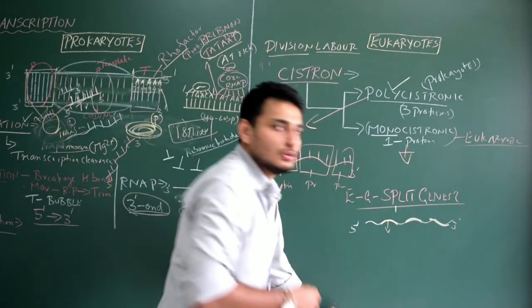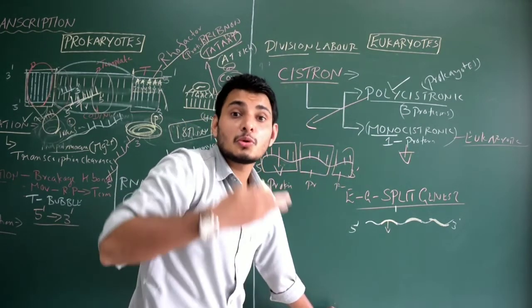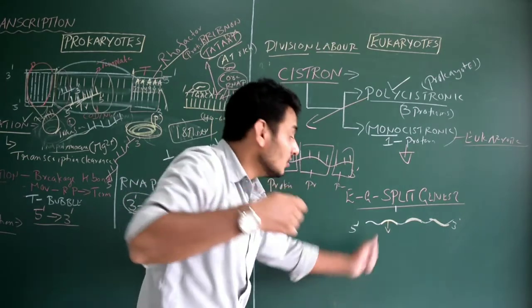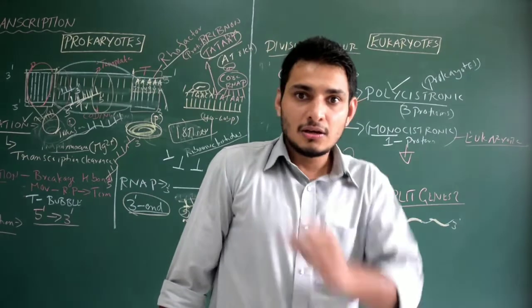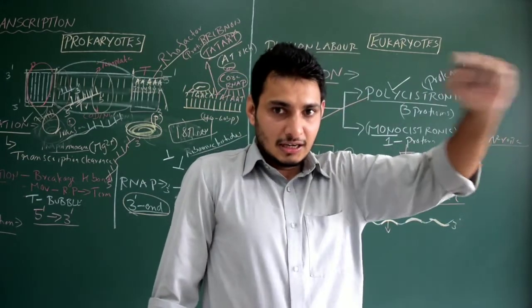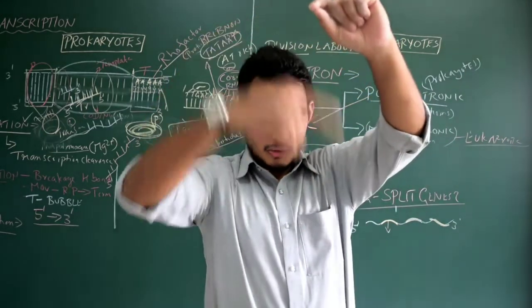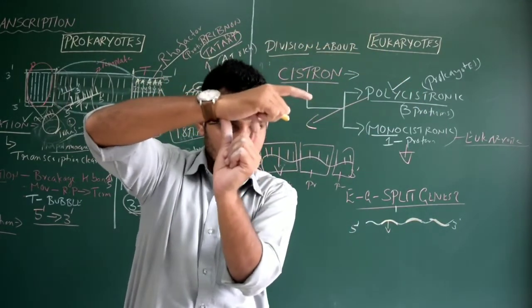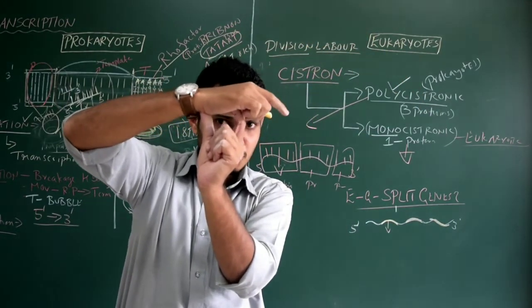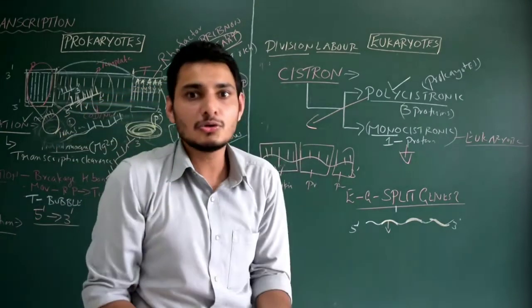It contains some useful sequences, that means they are going to produce the protein, and some useless sequences. That means in the monocistronic gene, if you look into the segment of the DNA which codes for a particular protein or produces a particular RNA, some bases will be useful, some bases will be useless.